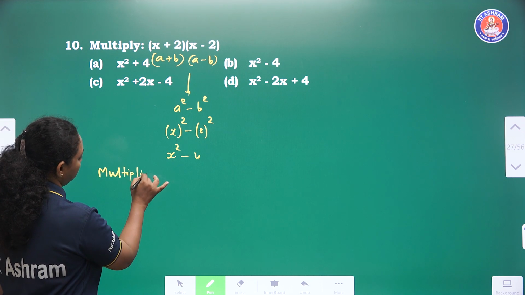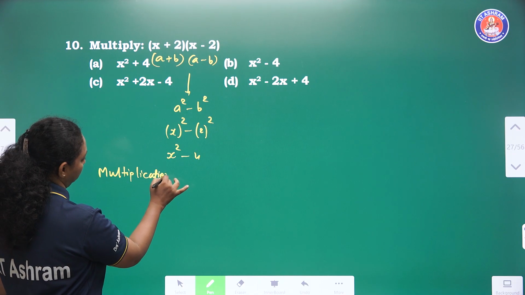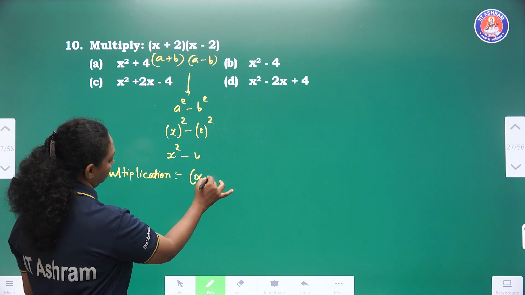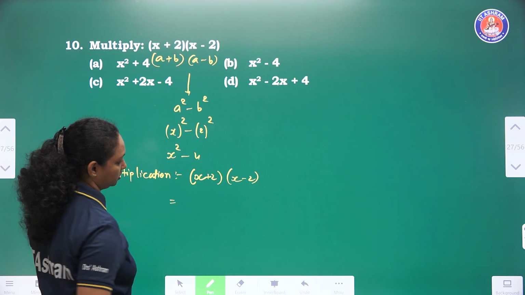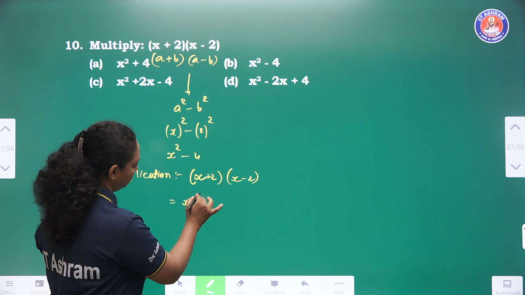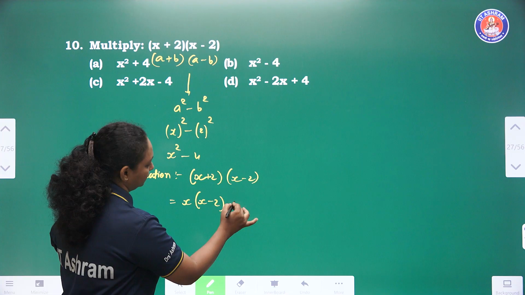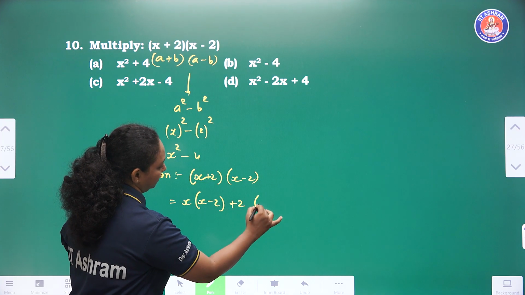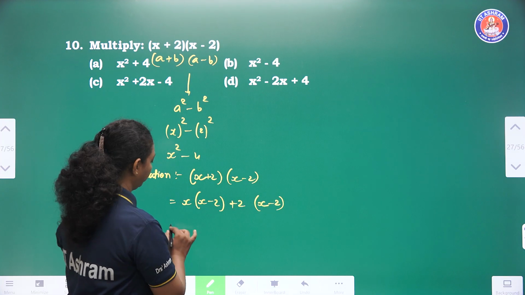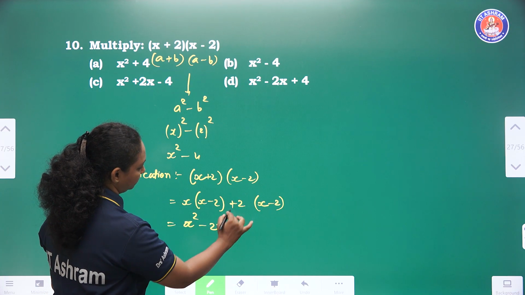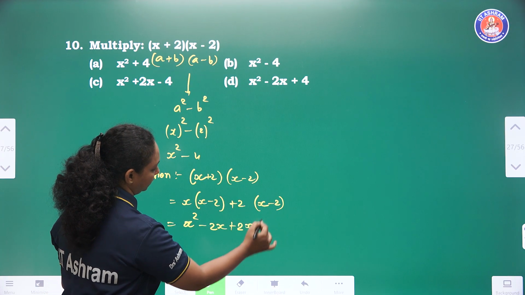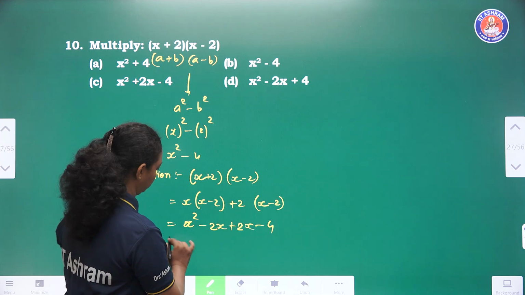So for the multiplication of the binomials, we will use the rule, that is x plus 2 into x minus 2. So we will use the distributive law. First of all, x minus 2 multiplied by x, then x minus 2 multiplied by 2. So it is x square minus 2x plus 2x, and plus 2 into minus 2 is minus 4.